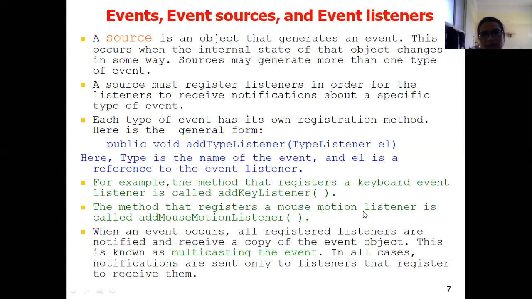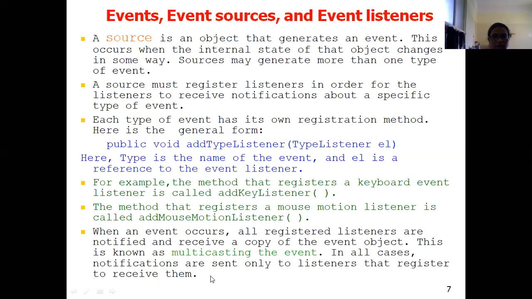We have more listeners on mouse and key, which we will discuss. Add mouse motion listener: mouse click we also have, but the motion listener is for dragging, whatever I am doing on the screen, that is all mouse motion.